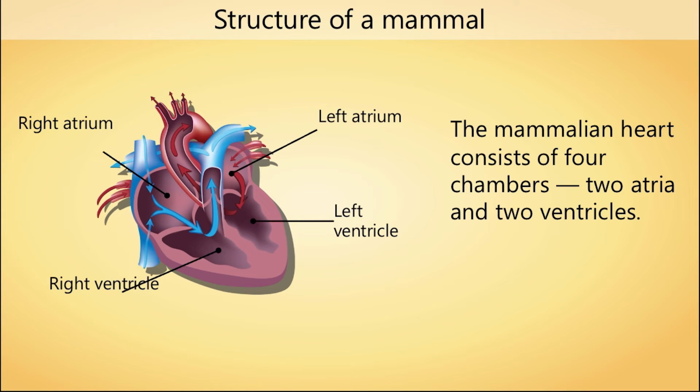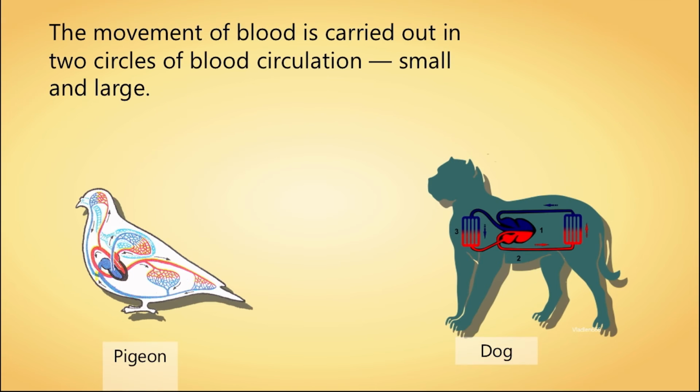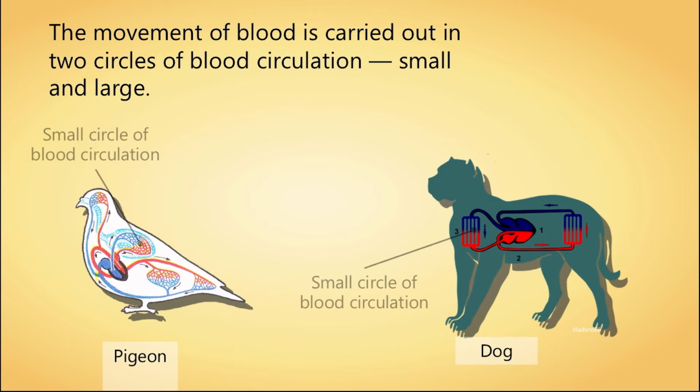Mammals and birds have a lot in common in the structure of the circulatory system. The mammalian heart also consists of four chambers, two atria and two ventricles. The movement of the blood is carried out in two circles of blood circulation, small and large.